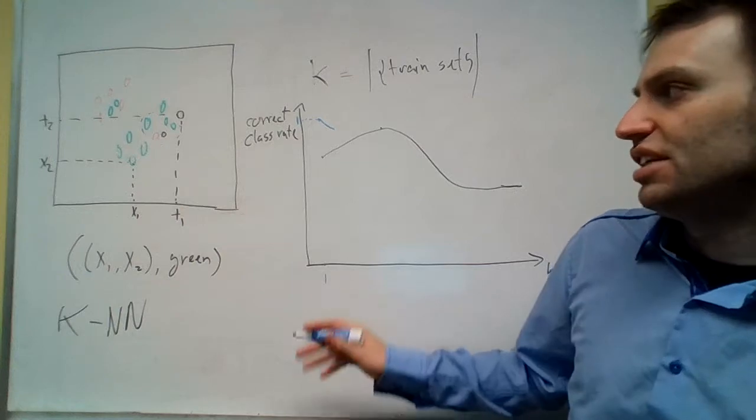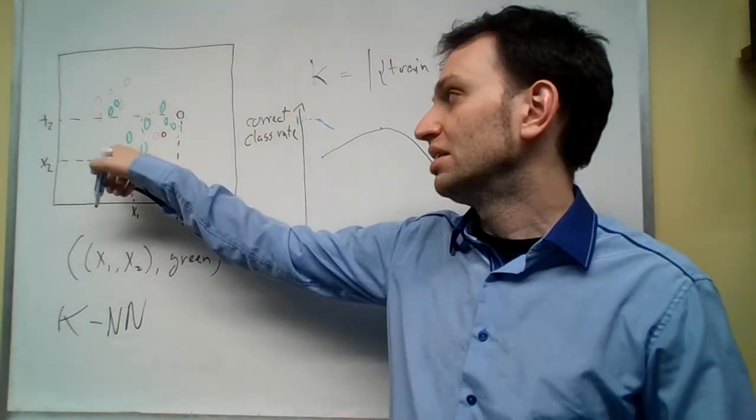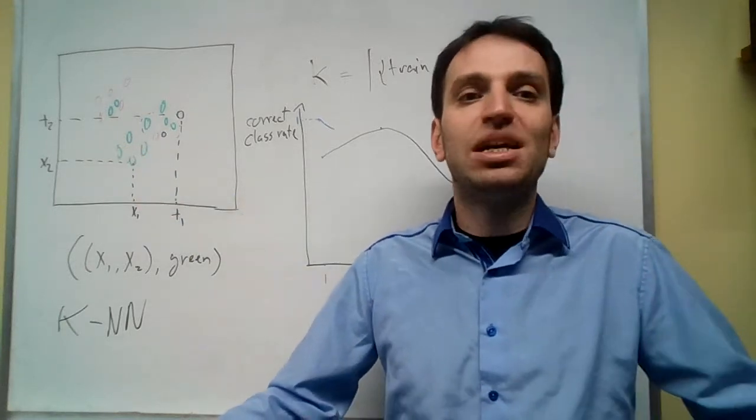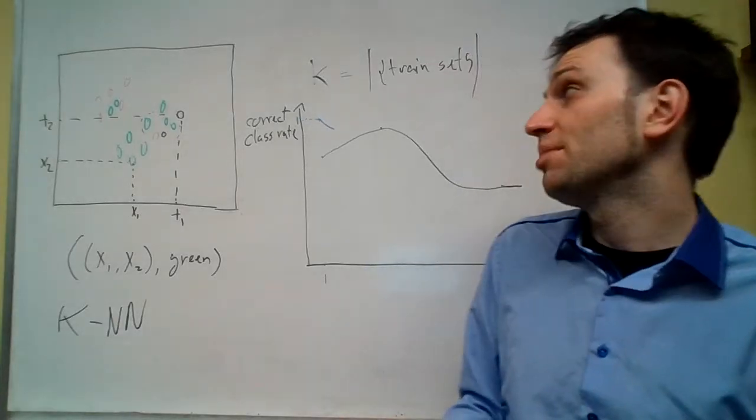The only advantage of running K nearest neighbors on the training set is that each point is its own nearest neighbor. But of course, if you're looking at 50 nearest neighbors, the fact that one of them is yourself helps a little bit, but not by much.